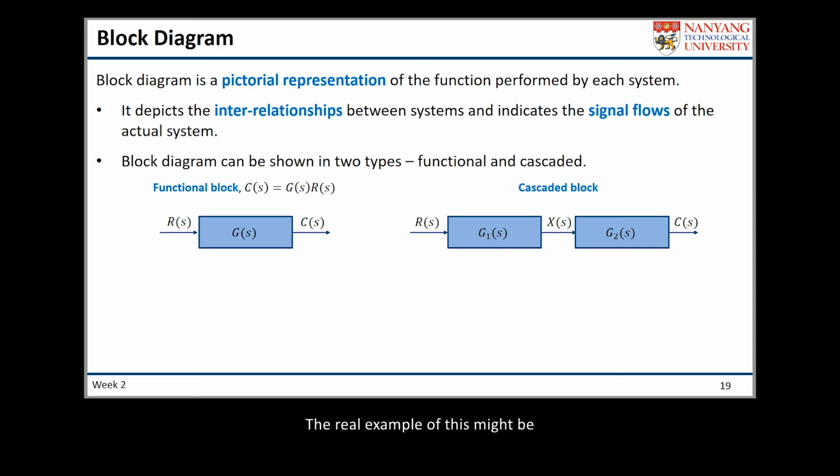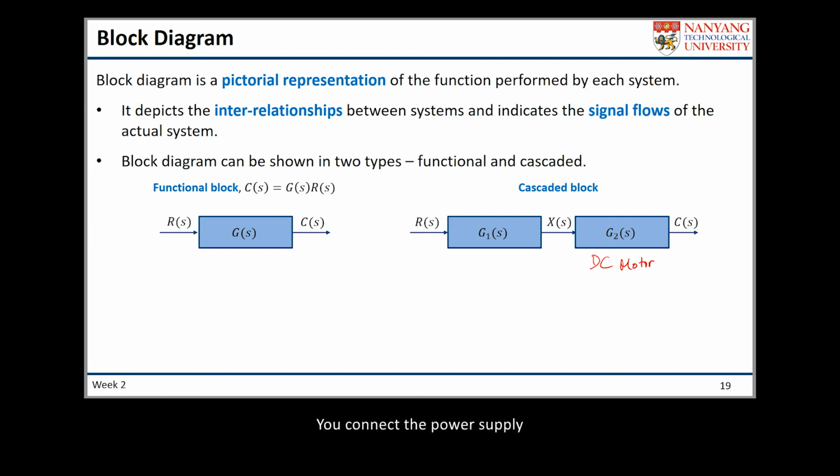A real example of this might be, let's say you have a DC motor. The DC motor has its own transfer function because a DC motor is a system. So let's consider the second system, G2, as the transfer function of the DC motor. But when you run a motor, what do you need? You need an amplifier, right? You need a power supply to run the motor.